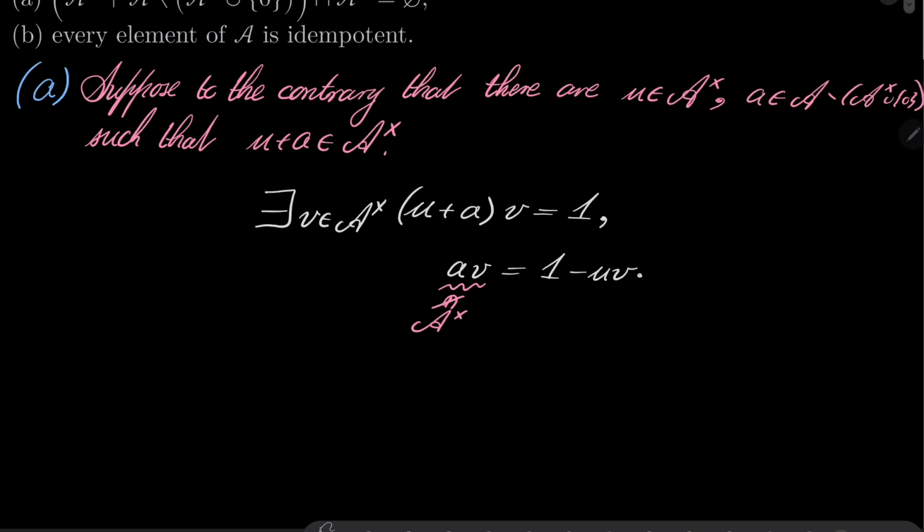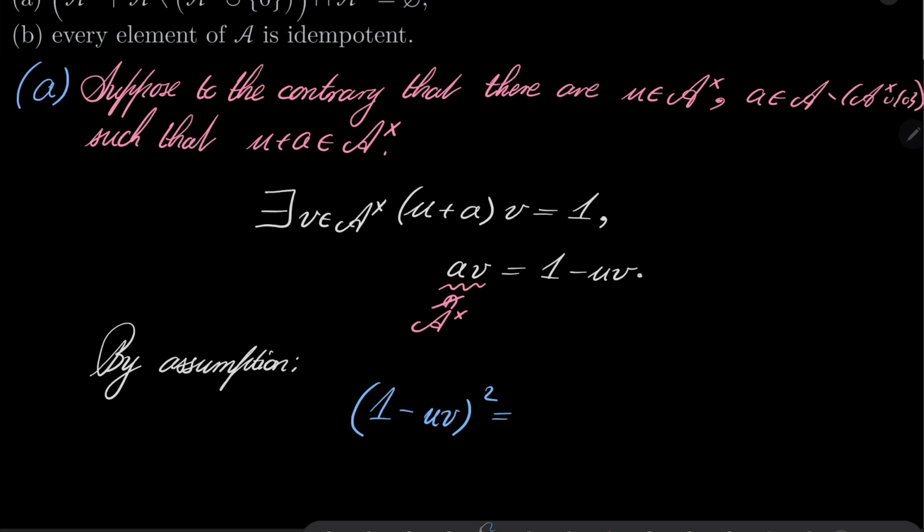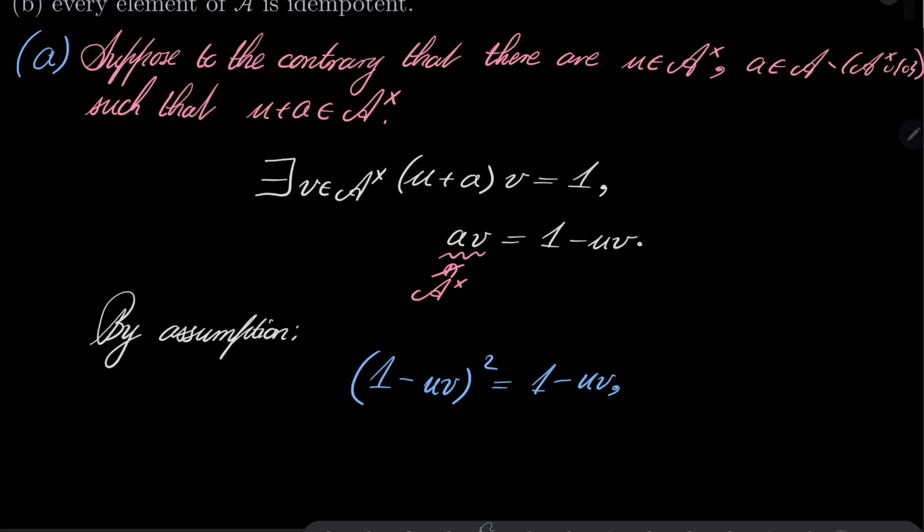So, by assumption, 1 minus uv, since it is not invertible, is idempotent. So (1 minus uv) squared equals 1 minus uv. And let's investigate this.